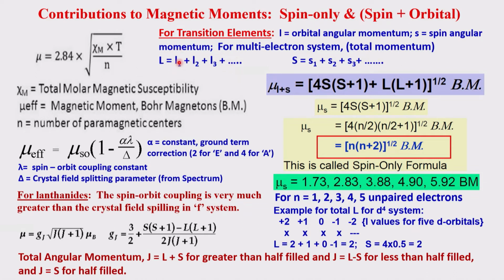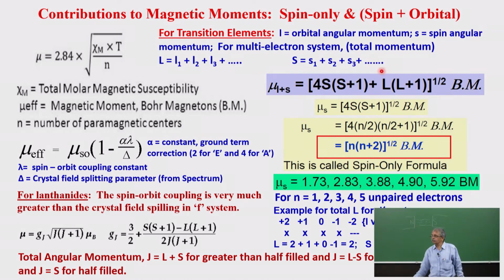L1 plus L2 plus L3 and so on, this whole thing will give you the total L value. Similarly, the S value is of course a half if they are all oriented in one direction; if they are oriented in the opposite direction, it will be minus half. So that will be the summation of all the spins.